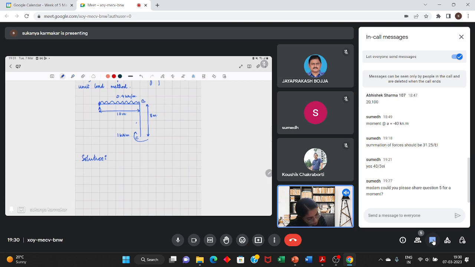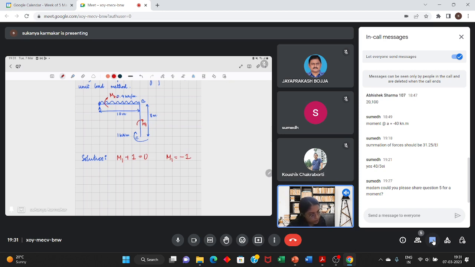Let me take a different color. Here let the moment be M1, and here let the moment equation be M2. So M1 in the clockwise direction plus this moment 1 is equal to 0. So the moment here is minus 1 kilonewton meter.